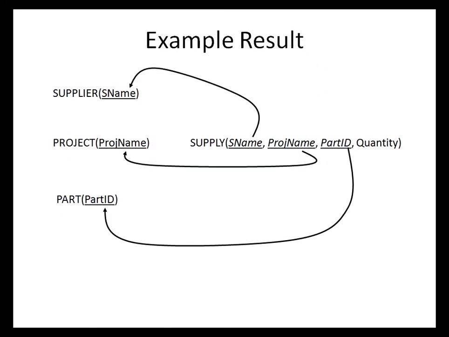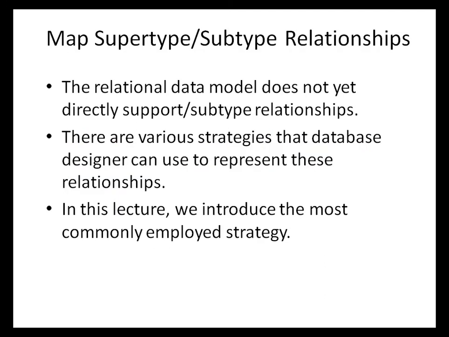Map supertype subtype relationship. The relational data model does not yet directly support subtype relationships. There are various strategies that a database designer can use to represent this relationship. In this lecture, we introduce the most commonly employed strategy.